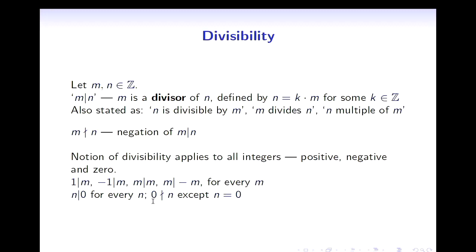The other way around, we never have that 0 is a divisor of n, because you cannot multiply 0 with a number to obtain a number n. 0 can't be a divisor of 15 because you can't multiply 0 with anything to obtain 15. Unlike the other way around, you can always multiply a number to obtain 0. Except n equals 0. And this might be the most unusual case. 0, by definition, is a divisor of 0, simply because it satisfies the definition.